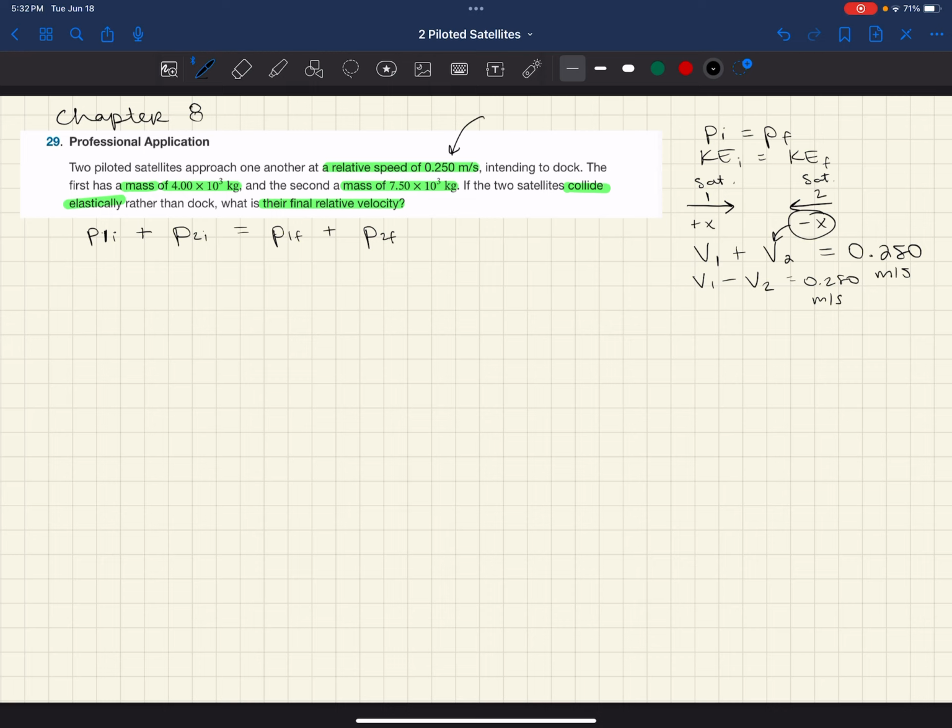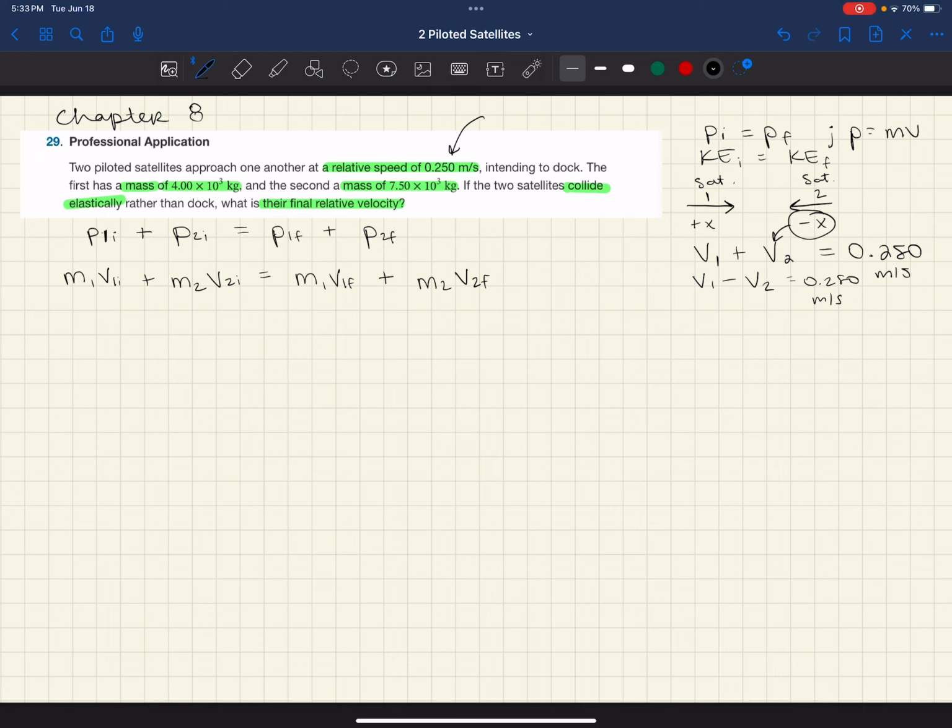We can even go ahead and replace momentum with mv. So the mass of the first satellite times the initial velocity of the first satellite, plus the mass of the second satellite times the velocity of the second satellite initially, equals, again, mass of satellite 1 times the velocity of the first satellite at the end. And we're going to do the same thing for the second satellite, and that's going to be the second velocity at the end.